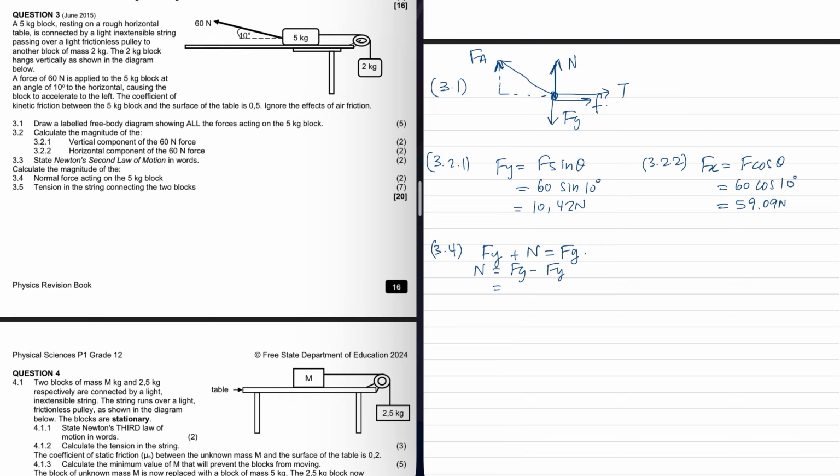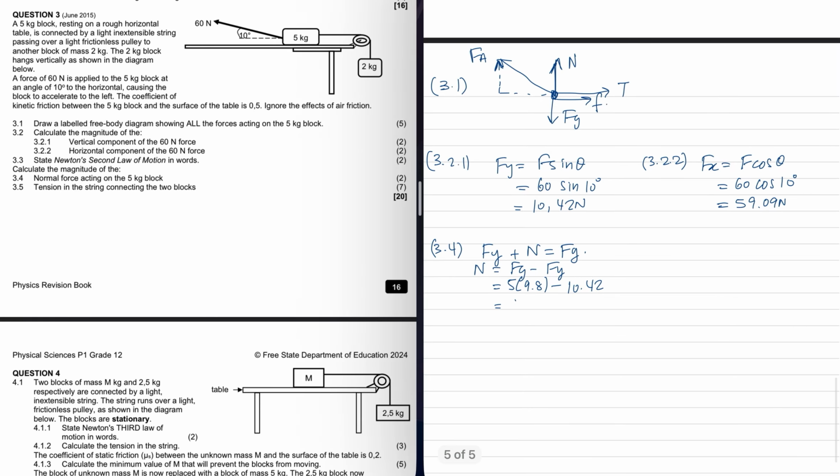So Fg is mass times gravity, so 5 times 9,8 minus Fy was 10.42. We can then solve for the normal force, which is 38.58 newtons.